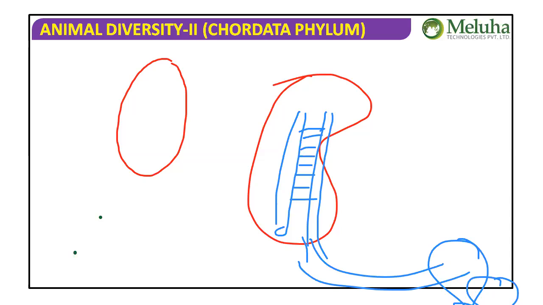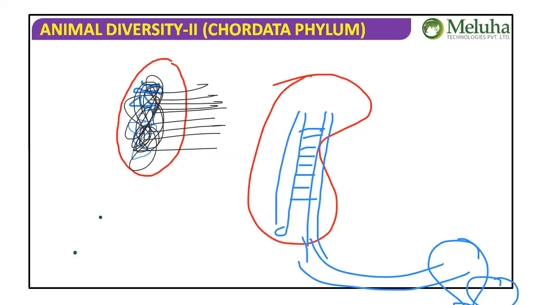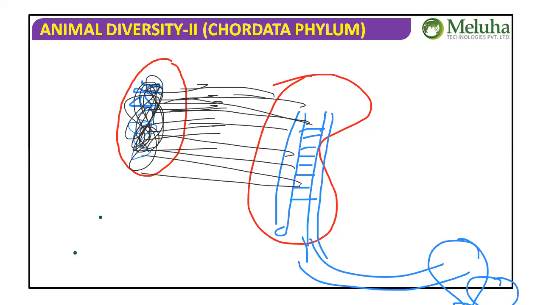What next? The seminiferous tubules present inside the testis produce sperms. They connect to the vasa efferentia. All these vasa efferentia are connected to the Bidder's canal. There is not this much gap as seen in the diagram.